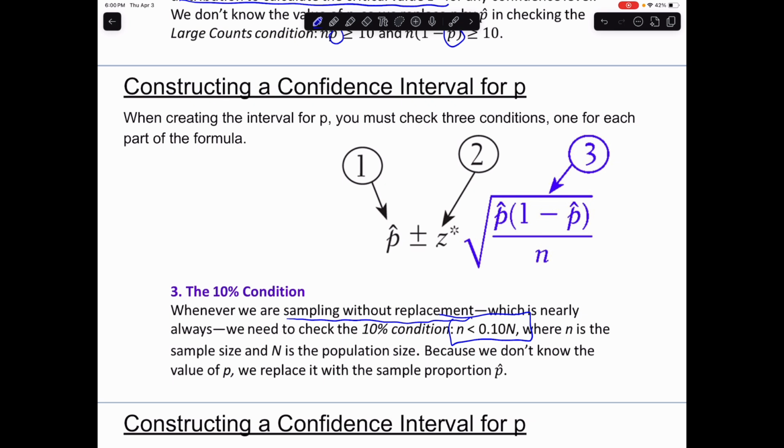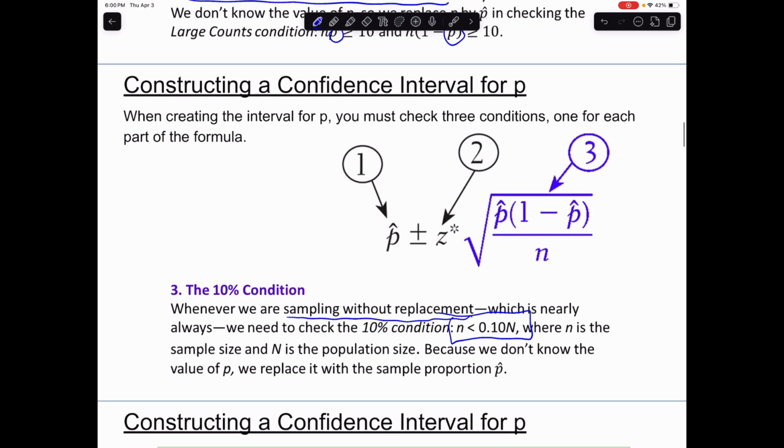Normally it's a survey, a proportion of people who feel a certain way about something, maybe their attitude towards certain legislation. Sampling without replacement is a reality. When we sample someone, we don't sample them again. We pull them out and we don't replace them. So by checking this condition, we make sure that we can overlook that and continue with the problem.